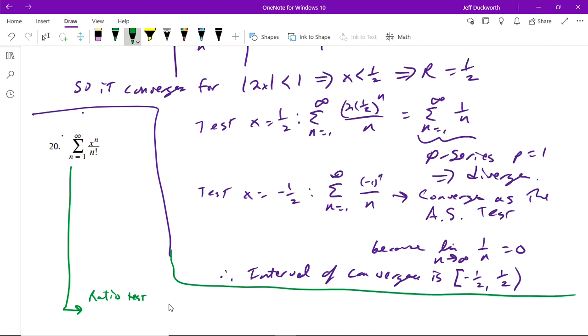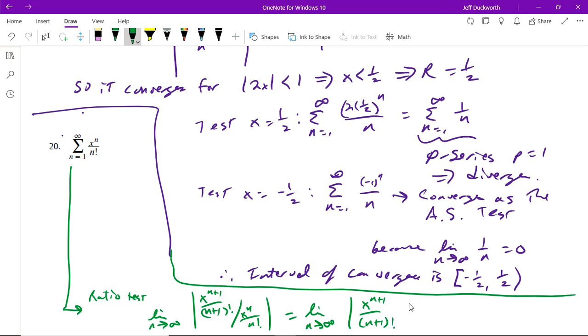By the ratio test, we take the limit as n approaches infinity of x^(n+1) over (n+1)! divided by x^n over n!. Again, we multiply by the reciprocal, so it's times n! over x^n.